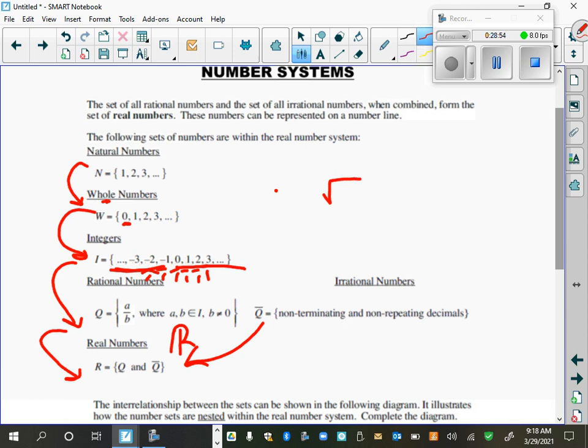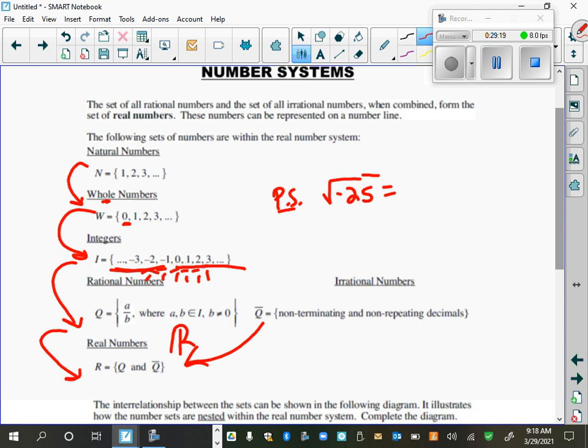Let's go PS on this one. What's the square root of negative 25? One number multiplied by itself equals negative 25. 5? Good try. 5 times 5 is positive 25. Negative 5 times negative 5 is positive 25. So what number times itself equals negative 25?